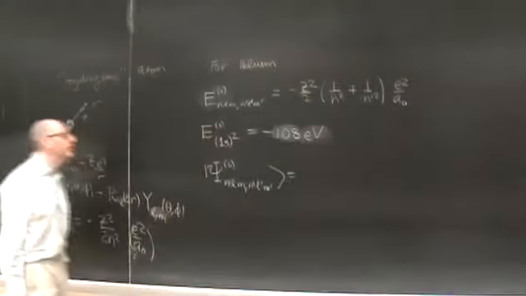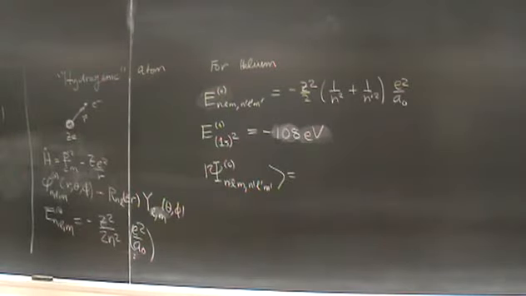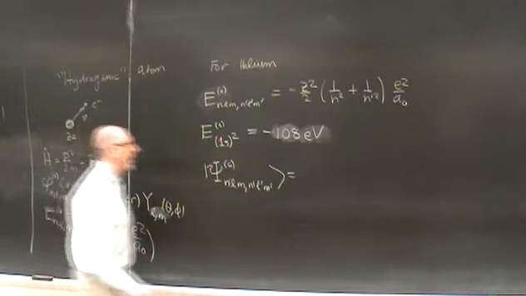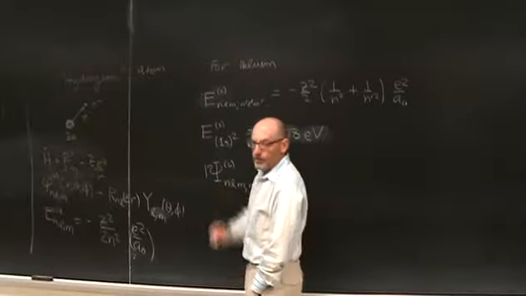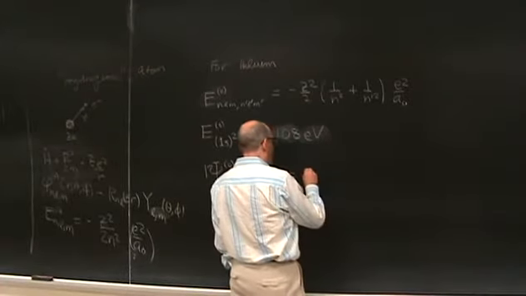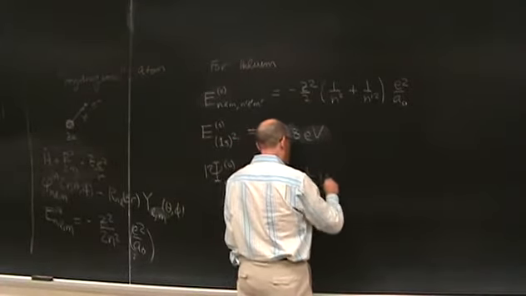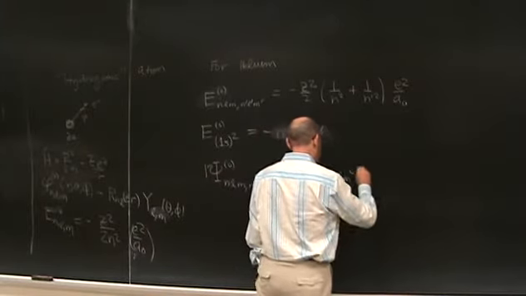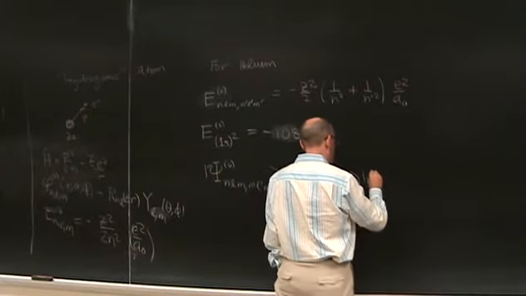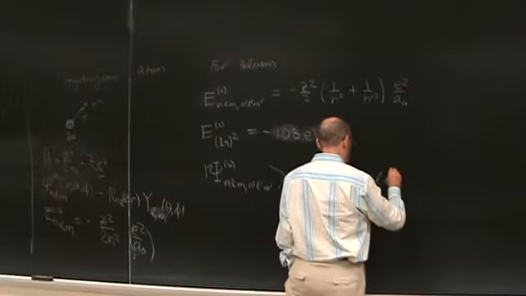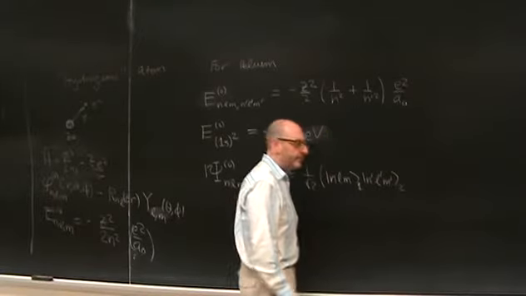However, I have to take into account the Fermi symmetry. So one of the orbitals for electron 1 would be n l m, and the other for electron 2 would be n' l' m'.